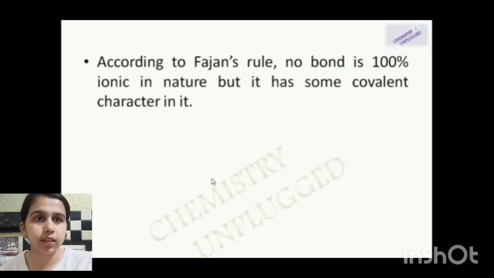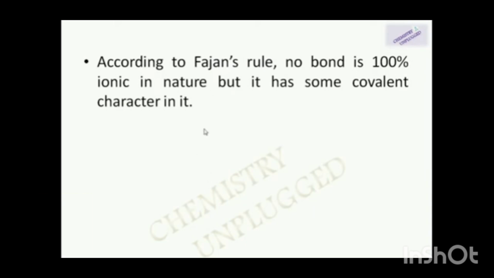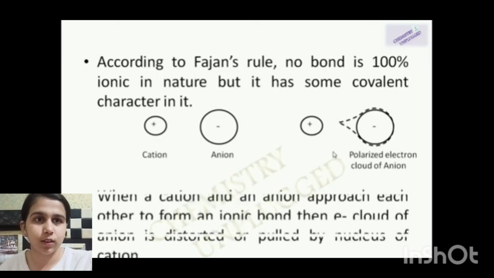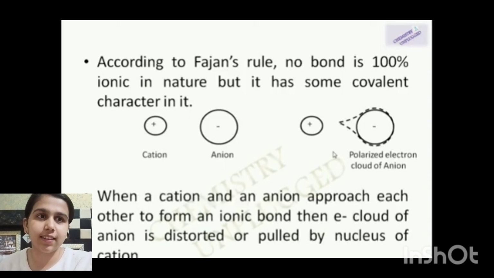But according to Fajan's rule, no bond is 100% ionic in nature. It has some covalent character in it. How? If a cation is close to an anion, it attracts its outermost shell electron. So the anion is not in its perfect shape, it gets distorted, and this is known as polarized electron cloud of anion.